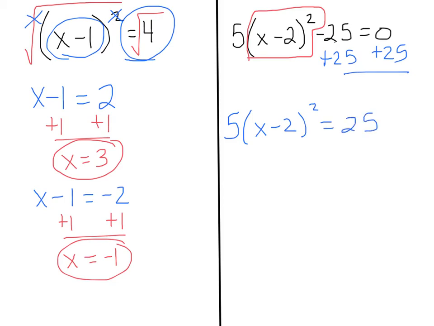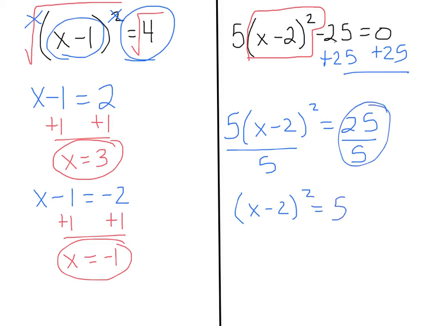And now I need to get this 5 to go away. Well, 5 is being multiplied, and the opposite of multiply is to divide 5 on both sides. And so I have x minus 2 all squared equals, and 25 divided by 5 is 5. Okay? Now I need to take the square root of both sides because I'm trying to get rid of this squared right here.